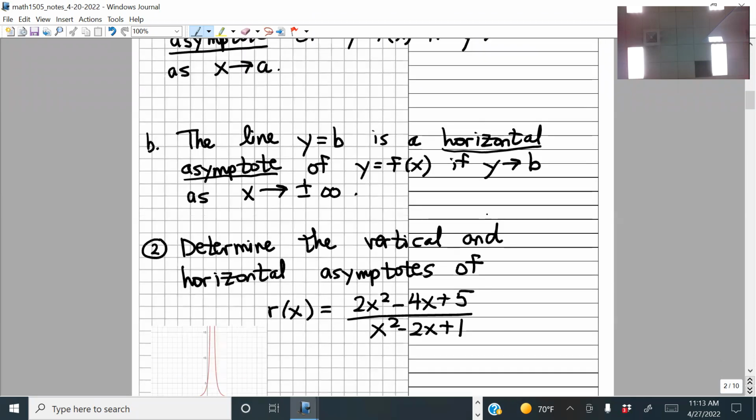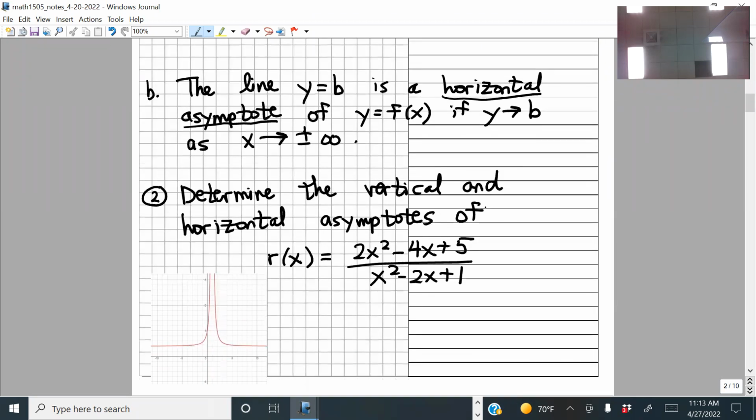Well, let's try looking at another one, right? So here's the problem. We want to determine the horizontal and vertical asymptotes of this rational function. Now, I haven't told you how to do this with pencil and paper, right? So our only choice here is to maybe try what? Graphing.